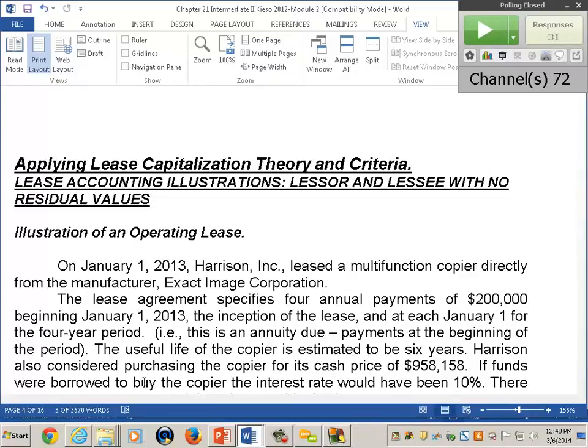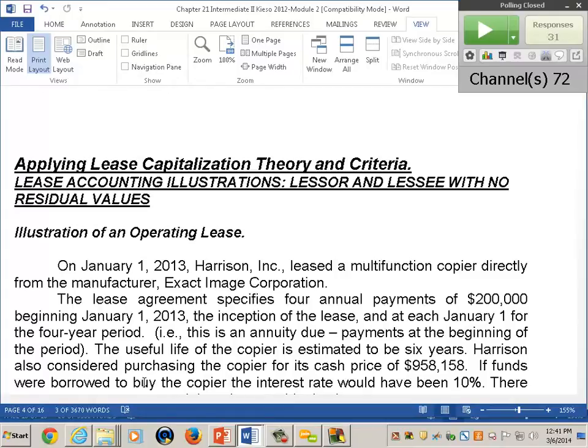The selling price, if Harrison, the lessee, wanted to buy the asset, today's selling price or fair value, is $158, and the interest rate is 10%.